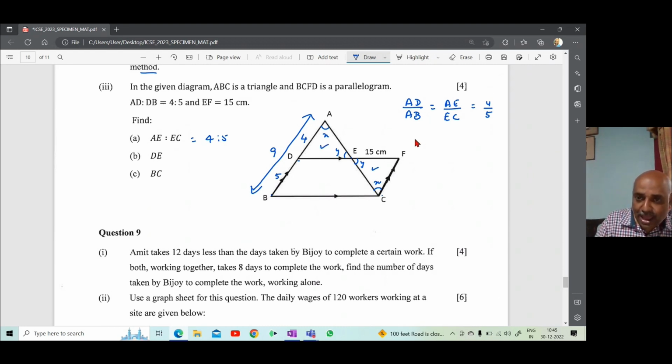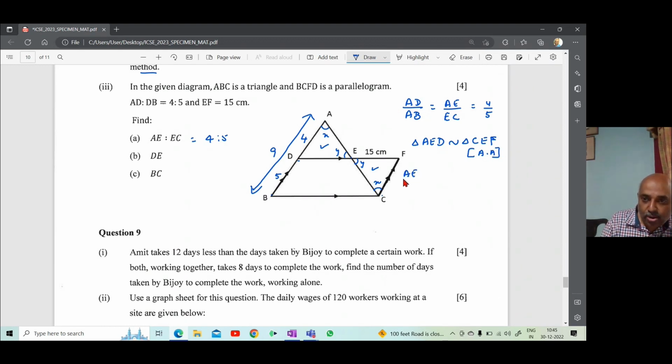So I can say triangle AED is similar to triangle CEF. These two triangles are similar by AA.